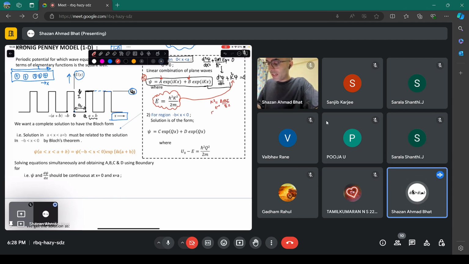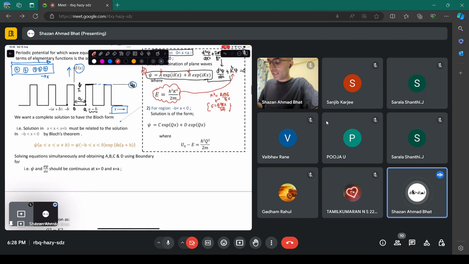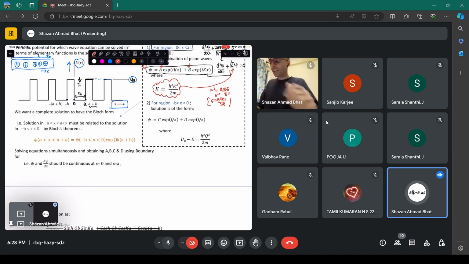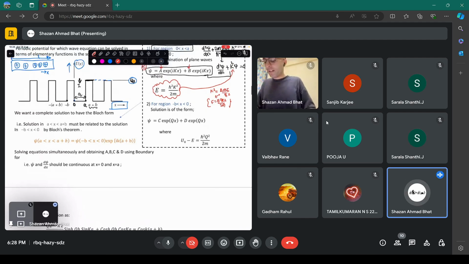This is the energy associated with some k vector, which we'll talk about in upcoming slides. But let's think about region 2 right now.